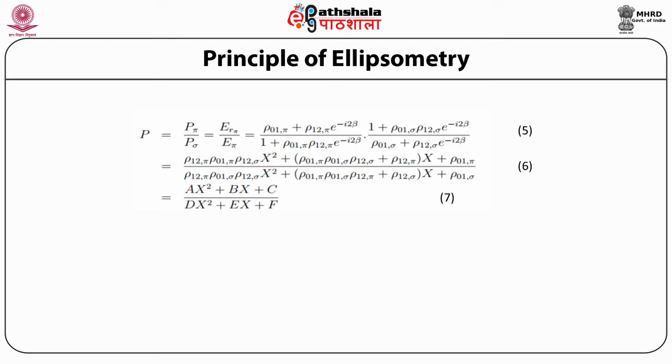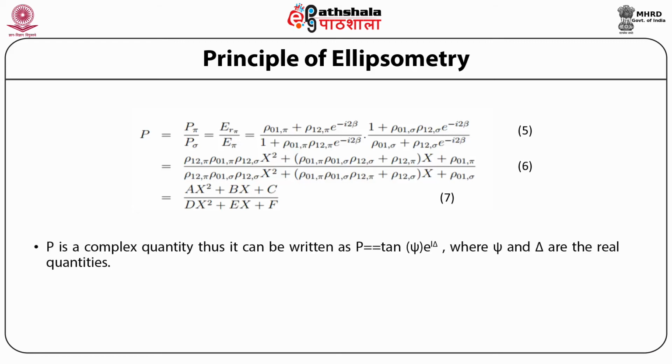The entire terms are divided by ρ12 pi ρ01 sigma ρ12 sigma x square plus, within the brackets, ρ01 pi ρ01 sigma ρ12 pi plus ρ12 sigma, brackets close, into x plus ρ01 sigma. Therefore, P equals a times x square plus bx plus c divided by dx square plus ex plus f, where x is equal to e raised to power minus iota into 2 beta.